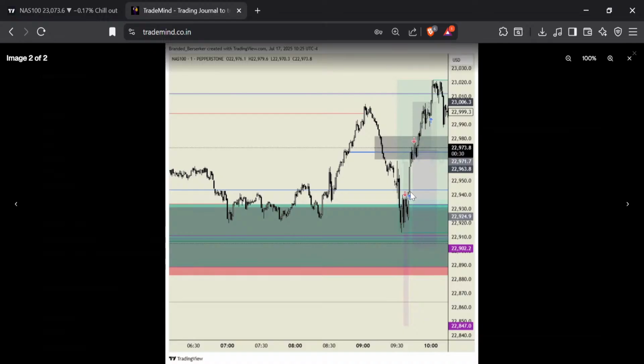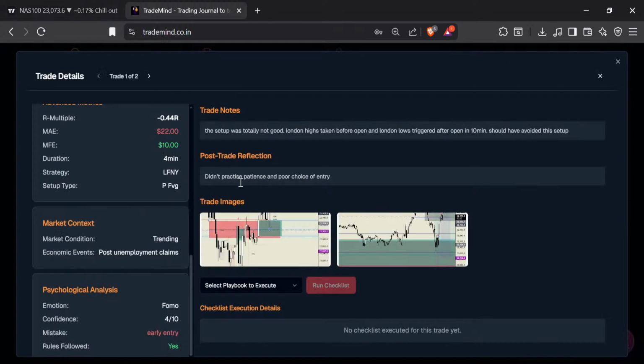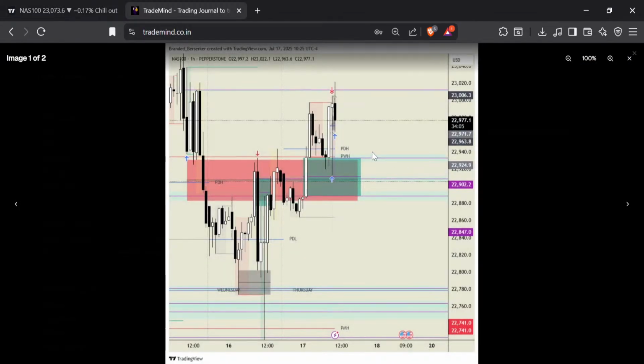Yeah, I think around this area my SL got hit, and at this point I should be happy, right? So what happened was, this is not my setup. This is the second trade that I took. I'll explain it. On the higher time frame bias that I had, I was completely wrong.